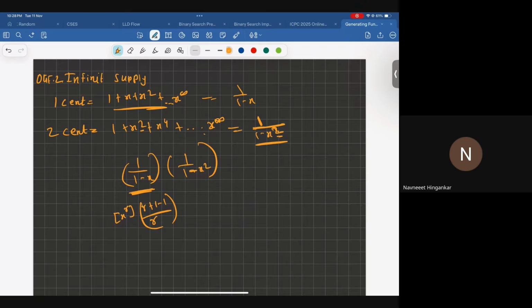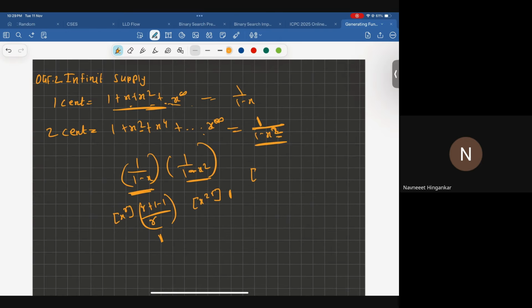So the coefficient is basically just 1 here, because rCr is 1, and obviously you can see the coefficient is 1. And similarly you can get the stuff here. This is also minus 1, but this is x square, so it becomes x raised to the power 2r, which is again 1. So whatever combinations are there, you will get after multiplication.